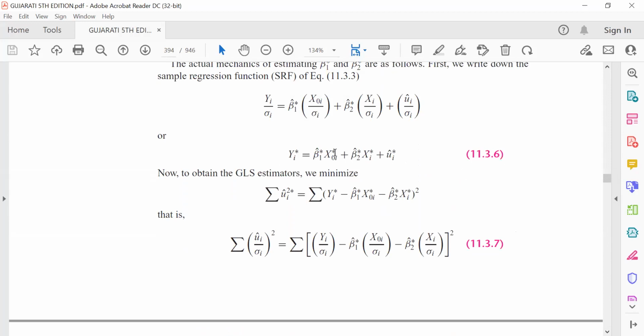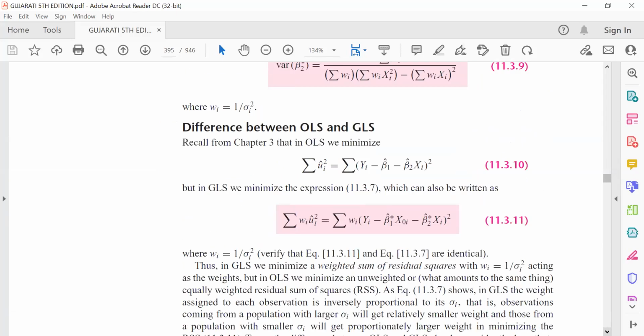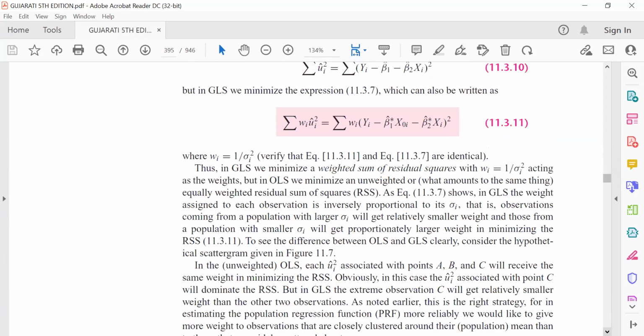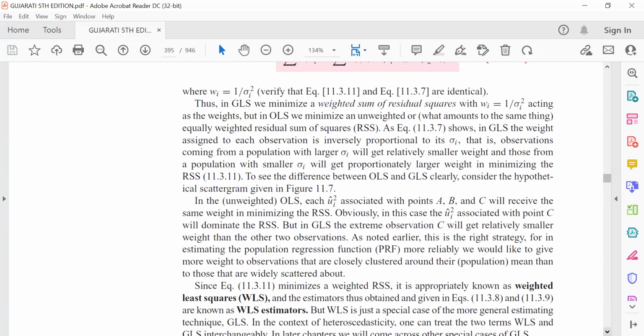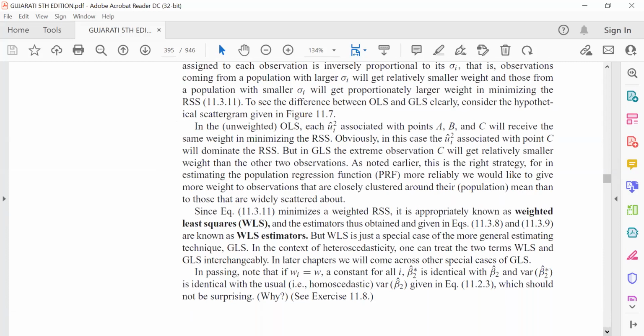This is the transformed data, this one. So we hope we can get the homoskedastic model, homoskedastic variance. If we have homoskedastic variance, this means we fulfill the assumption of the classical linear regression model.